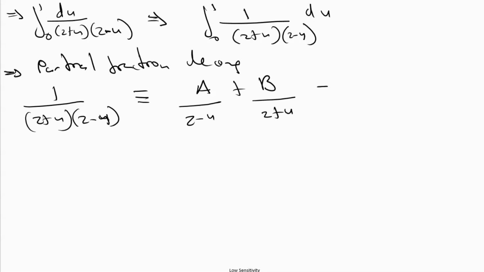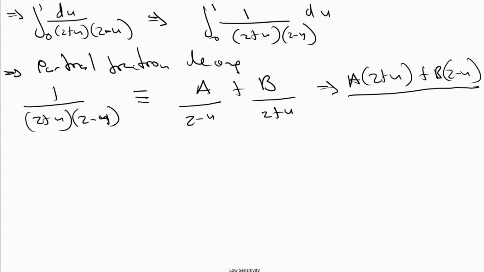Right, so this can be simplified as a(2 plus u) plus b(2 minus u) over (2 minus u)(2 plus u).